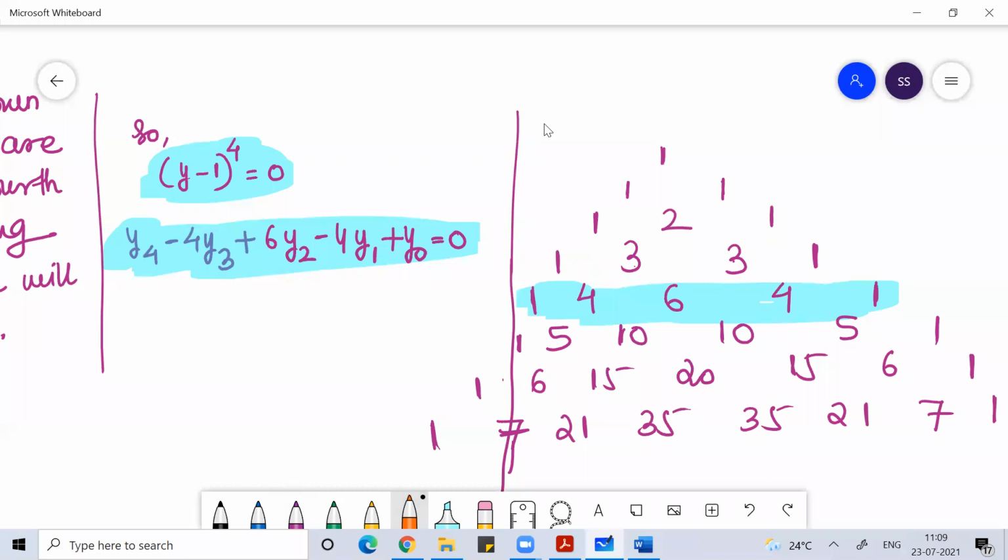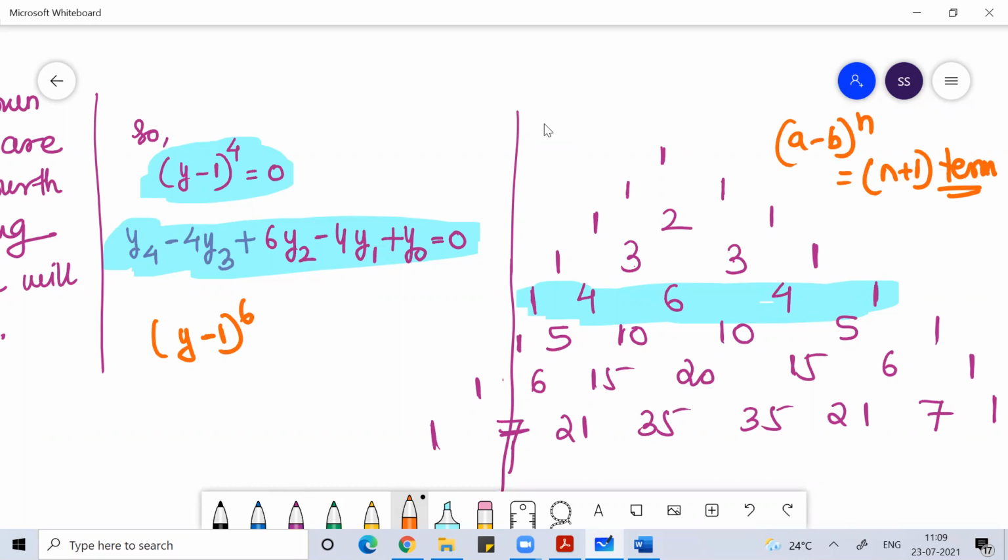Suppose you ask me, what is (y minus 1) to the power 6? Whatever it is, (a minus b) to the power n always has n plus 1 terms. If you have studied binomial theorem, okay, but probably you have not, so forget that.